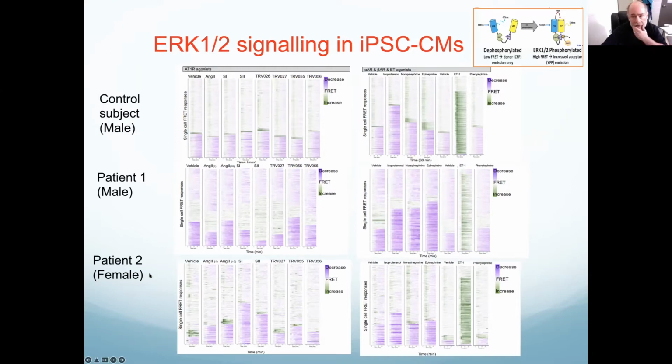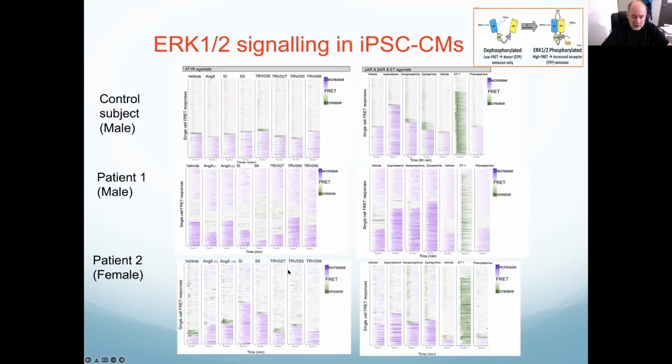And I don't want you to focus on any of the details. This is looking at ERK signaling using an ERK FRET-based biosensor. But what I want to show you is that these patients look different from one another. And we've all come to realize that heart failure in women is really a different disease than heart failure in men. And I think this is a way to track how the drugs that we use, and the signaling systems that we think are altered in heart failure, are different between men and women.